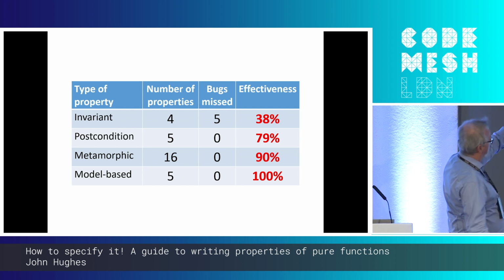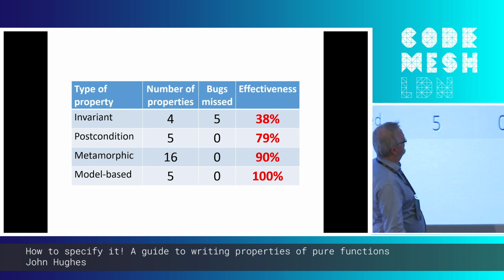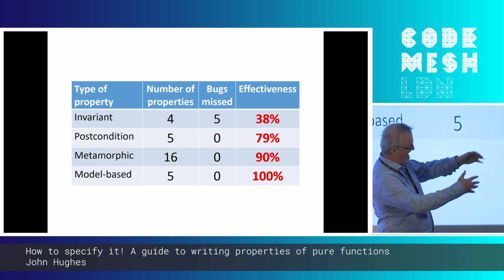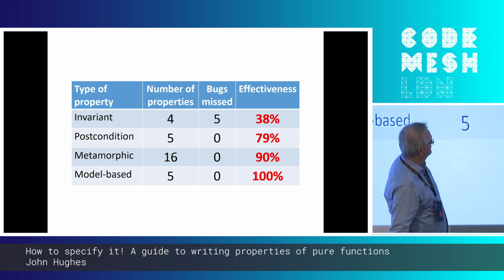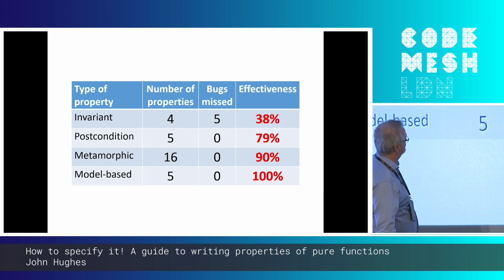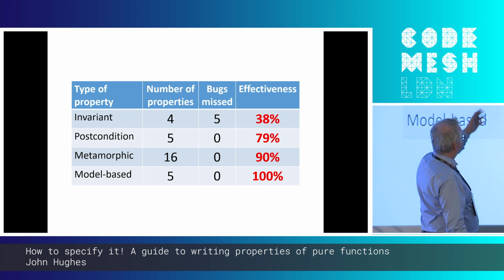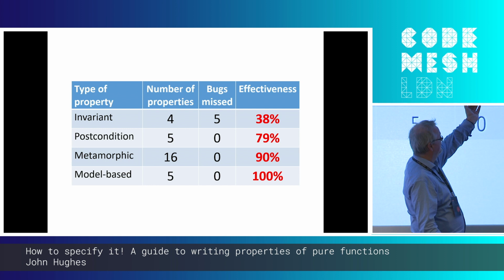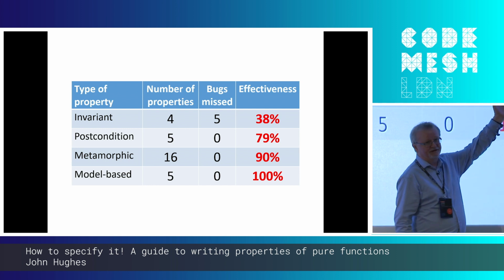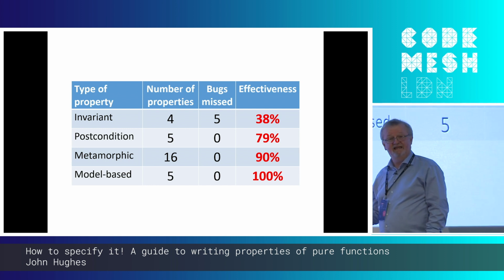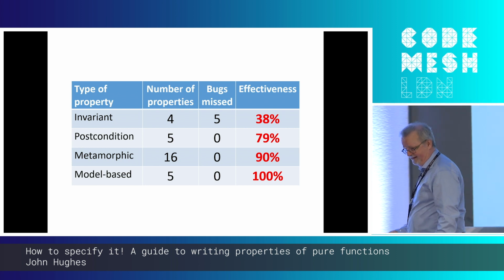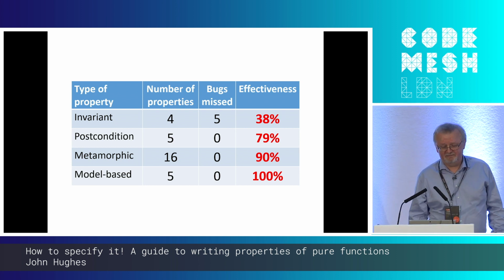For the invariant properties, we know that they missed 5 bugs altogether. So if you sum up these effectiveness scores, they're about 38% effective. The postconditions, if you test all the postconditions, they find every bug, but each property individually, on average, only finds about 80% of the bugs that it could find. The metamorphic properties are better.